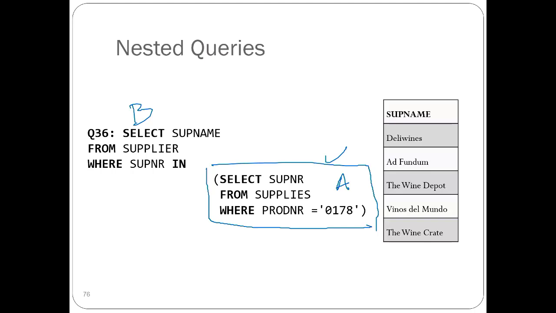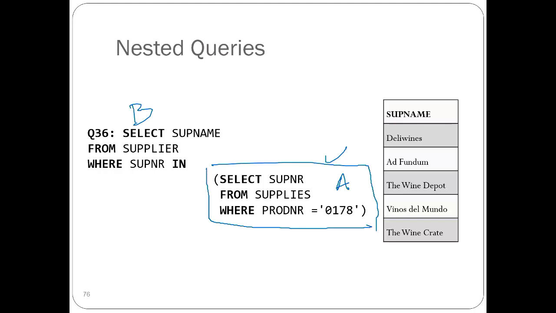Now this is a different table. So in this query, the outer query involves the supplier table, whereas the inner query involves the supplies table. And from the supplies table, we are interested in the product number with value 0178.